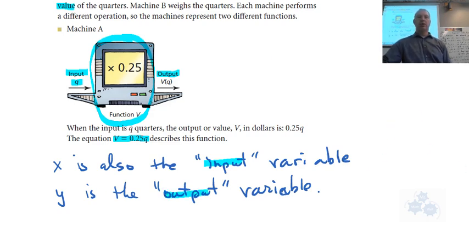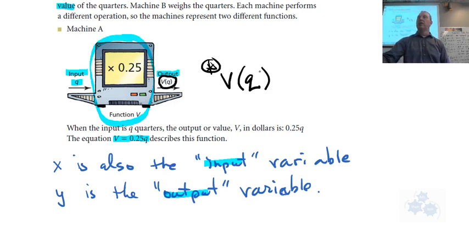Now, here's something interesting. I don't know if you've seen this before, but another way to write the output variable is like this. So notice that this is not an x and a y or a quarter and just a v. This is v with q in the brackets. Okay, so that's something else we're going to talk about here real quick.